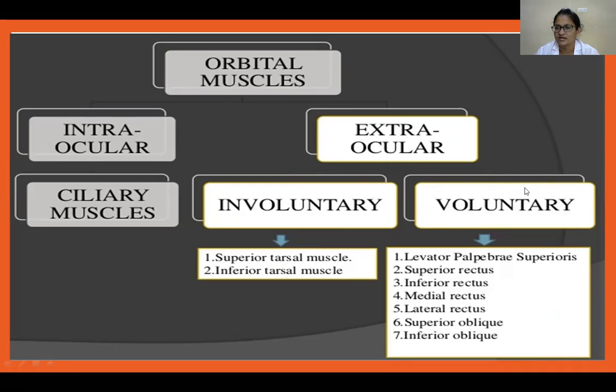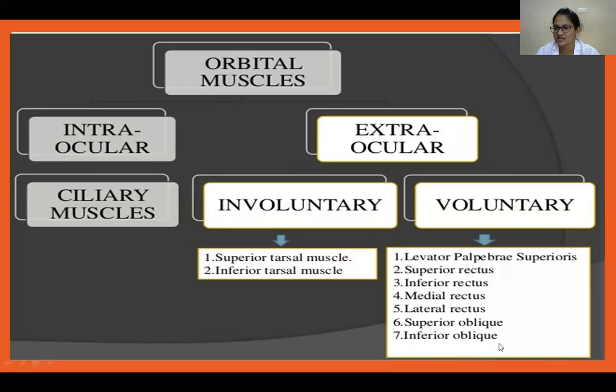What are the voluntary muscles present here in the orbit? Those are 7 in number. First is the levator palpebrae superioris, then superior rectus, inferior rectus, medial rectus, lateral rectus, superior oblique muscle and inferior oblique muscle.